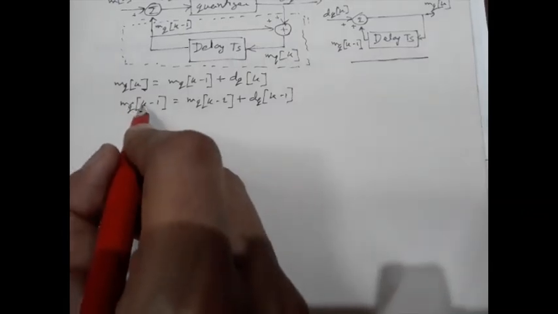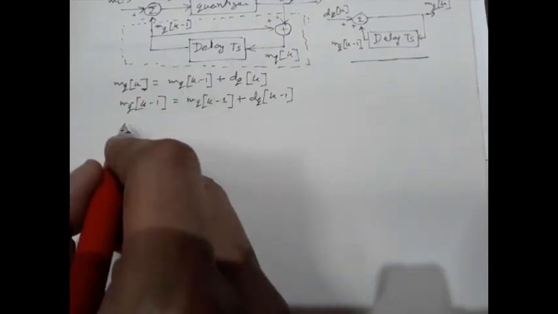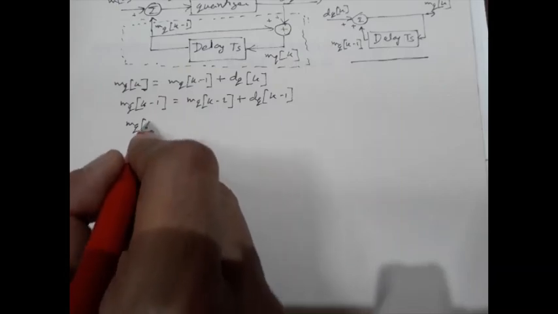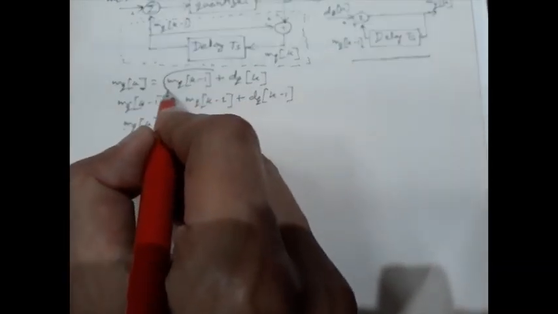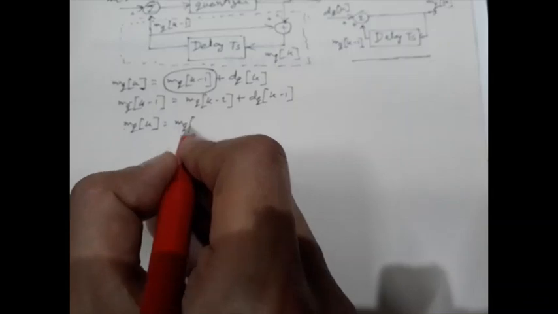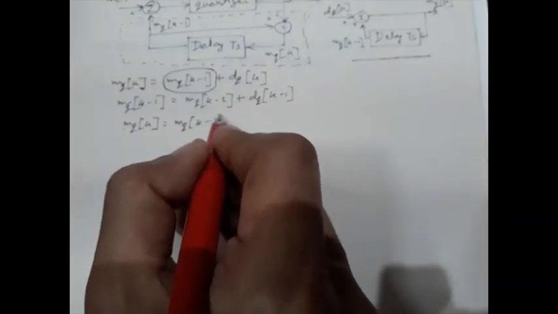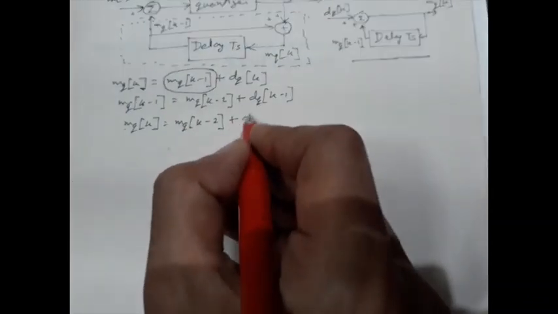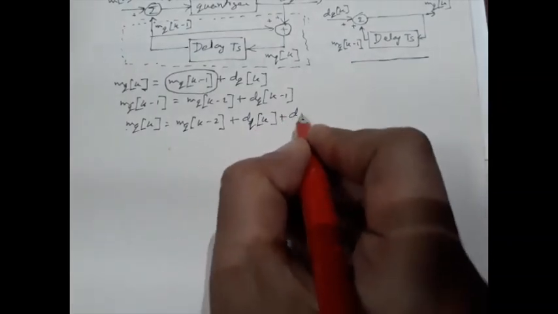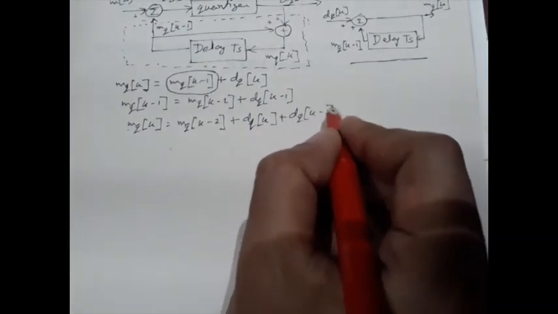Now putting the value of mqk minus 1 here, we can write mqk equal to, replacing this value, mqk minus 2 plus dqk plus dqk minus 1.